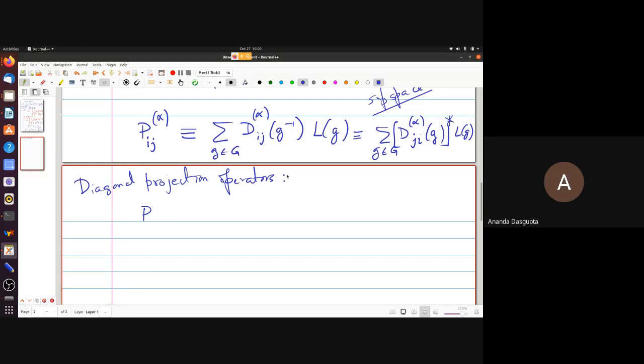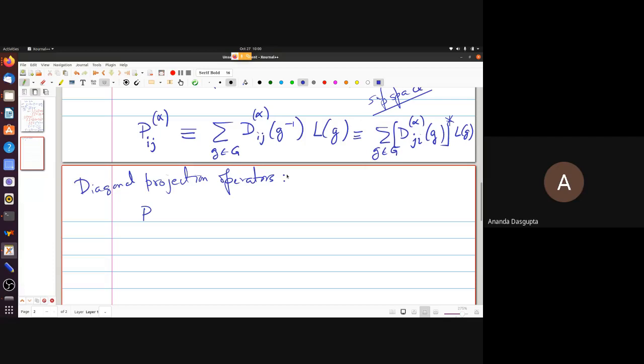But there are d alpha square of them, and you don't need that many. If you apply each one of the d alpha square projection operators on any arbitrary vector, you're going to end up with d alpha square results. These are bound to be linearly dependent, right? Because there are only d alpha of them. Unless, of course, d alpha is 1.